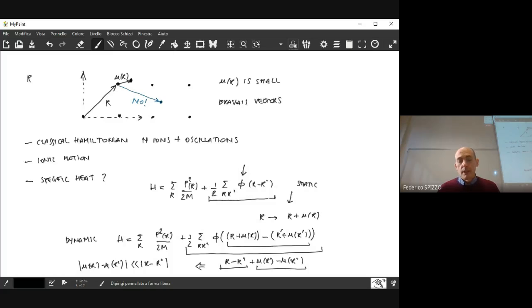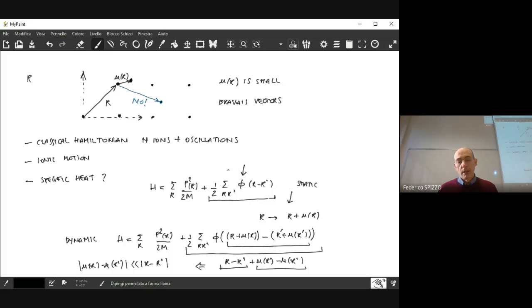If the oscillation of the ions takes place with a given frequency, and the motion of the electrons takes place with a speed quite close to that of the ions, then phi may depend both on the coordinates of the ions and also on time, because the potential would change from time to time depending on the actual position of the ions. But as we will see later after this calculation, the motion of the electrons is way faster with respect to the motion of the ions.